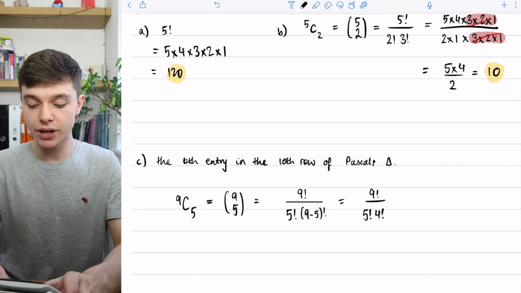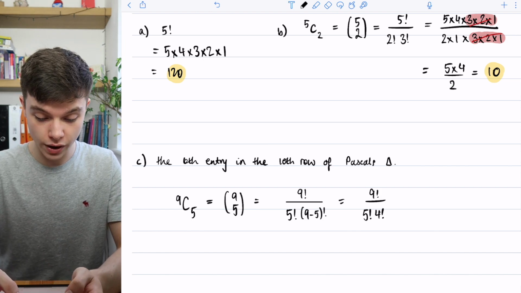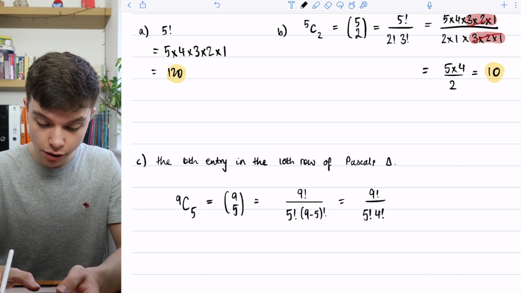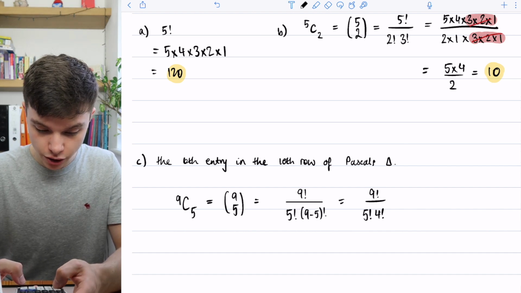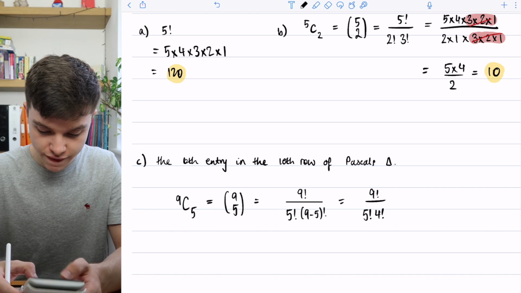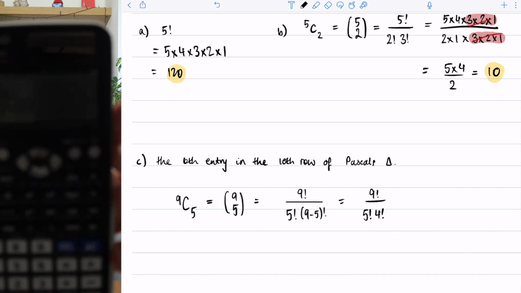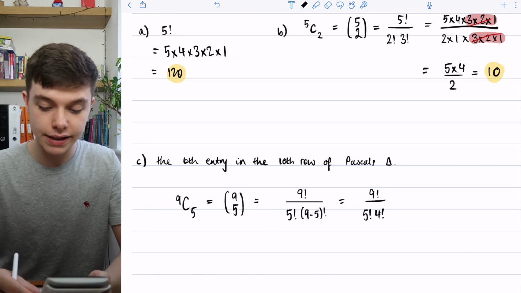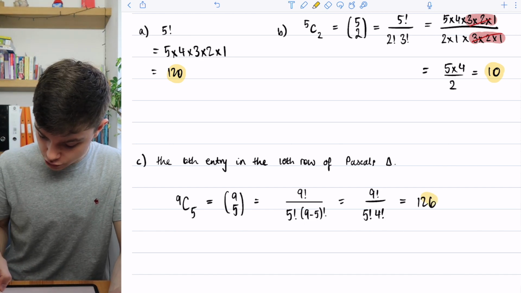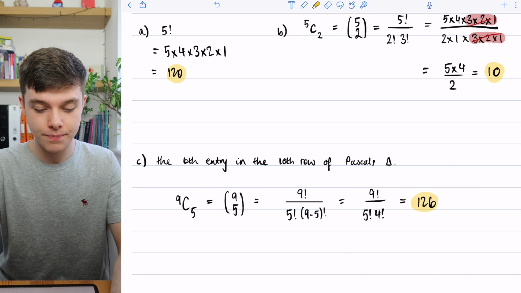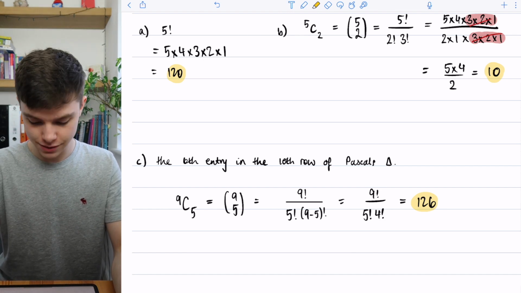And this time I'm going to put it in my calculator just for ease. So 9 factorial, divided by 5 factorial times 4 factorial, is just put into your calculator. It's too dark for you to see like that. And then you can just put it in and it gives you the answer straight away, which is 126. So hopefully that makes some sense.